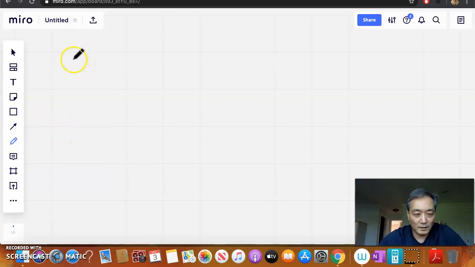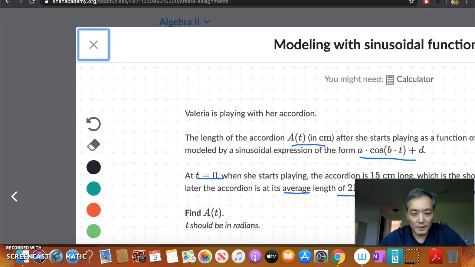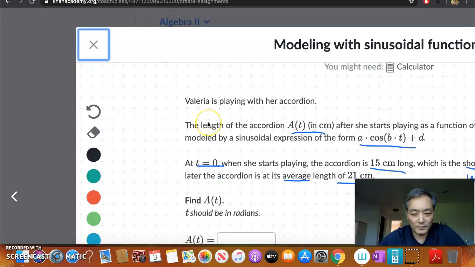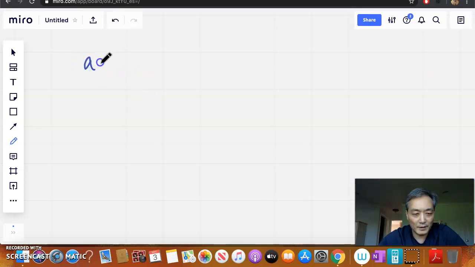We have the function A equals, oops, sorry, A cosine of B times t, it's not x because now the variable is t, and then plus d. Here's our function, and this function is in terms of t because it's time.